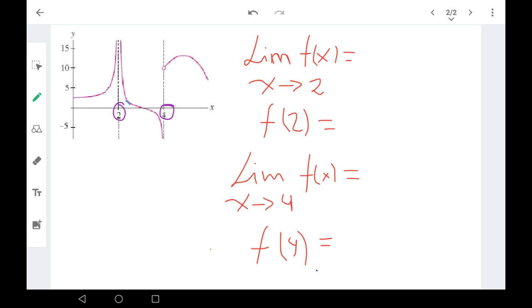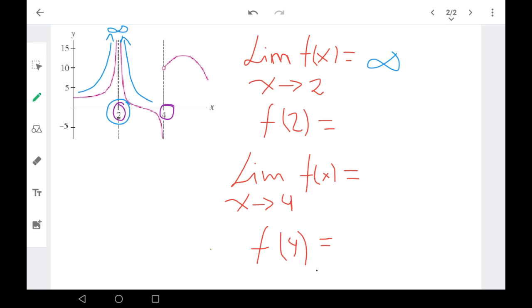What is happening at this exact value 2? If I approach from one side, I'm going to positive infinity, and if I approach from the other side to that x value, I'm also approaching infinity. So the limit should be positive infinity because my graph is going up and up and up. It's really increasing, right?